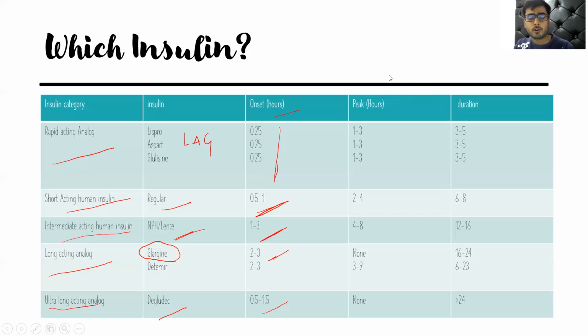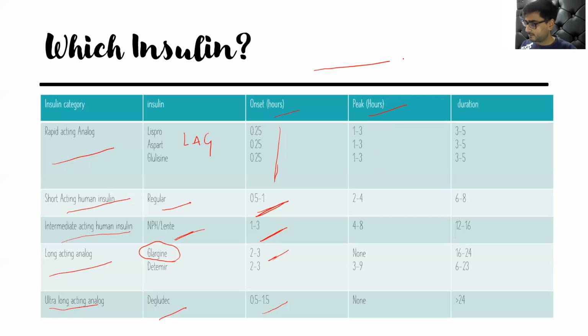Next, coming on to the peak. Peak means when is the maximum action or maximum level of insulin in our body. If we talk about rapid acting insulin, the peak comes in 1 to 3 hours.